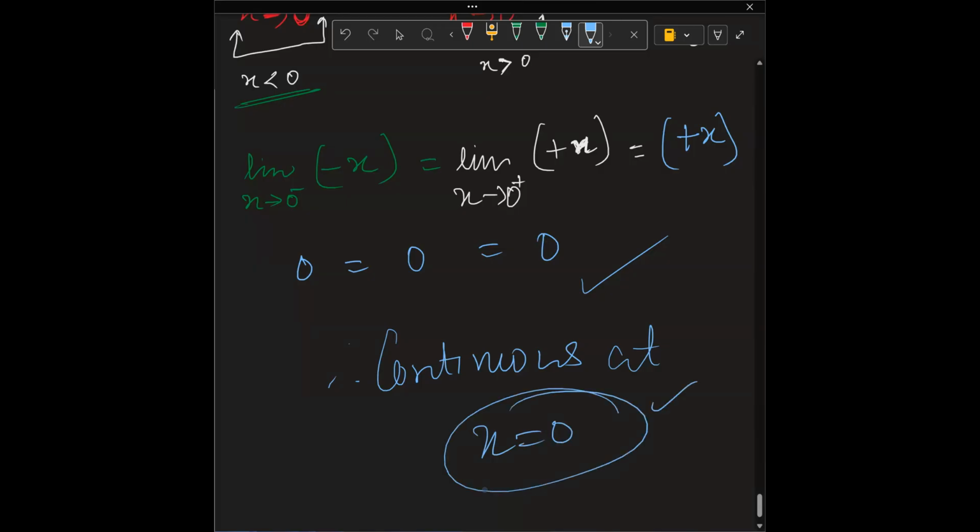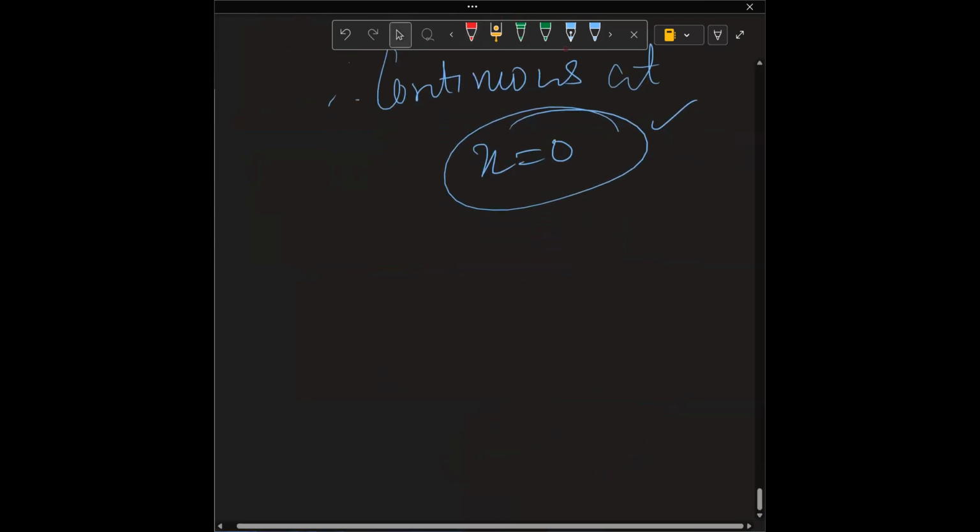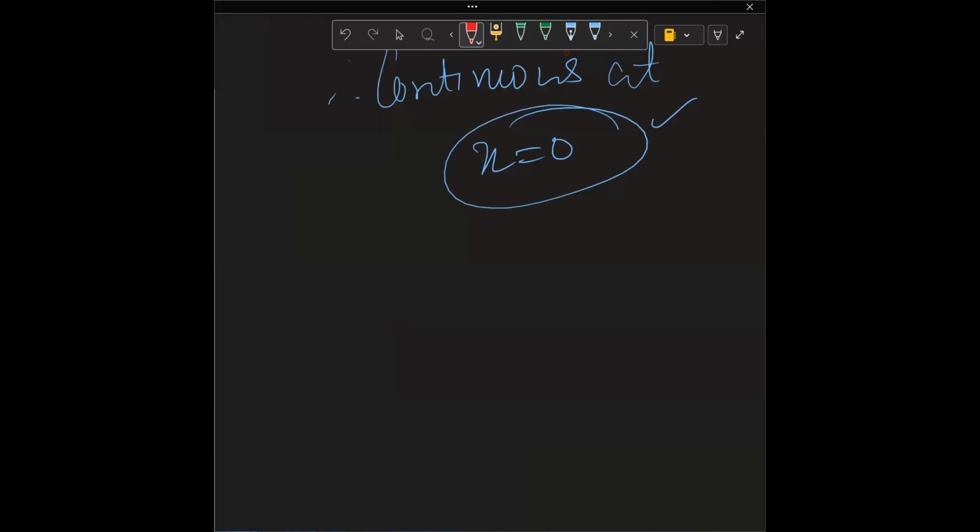अब समझ आया? Yes, sir. समझ आया ना कैसे करते हैं इसको? Yes, sir. Okay, if you understood this, then do this one. Your function value is 2 mod x. Okay.